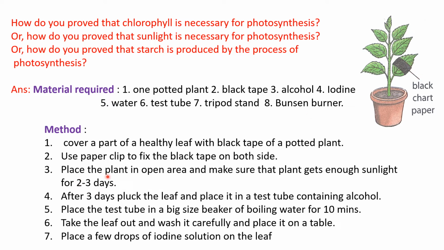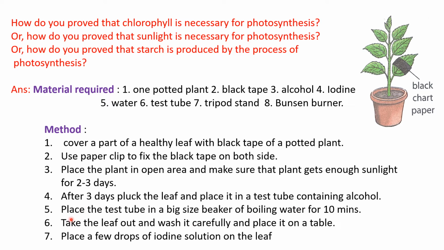Then place the plant in an open area and make sure that the plant gets enough sunlight for 2-3 days. After 3 days, pluck the leaf and place it in a test tube containing alcohol. So after plucking this leaf, we will take a test tube containing alcohol, and that leaf will be put inside the test tube.